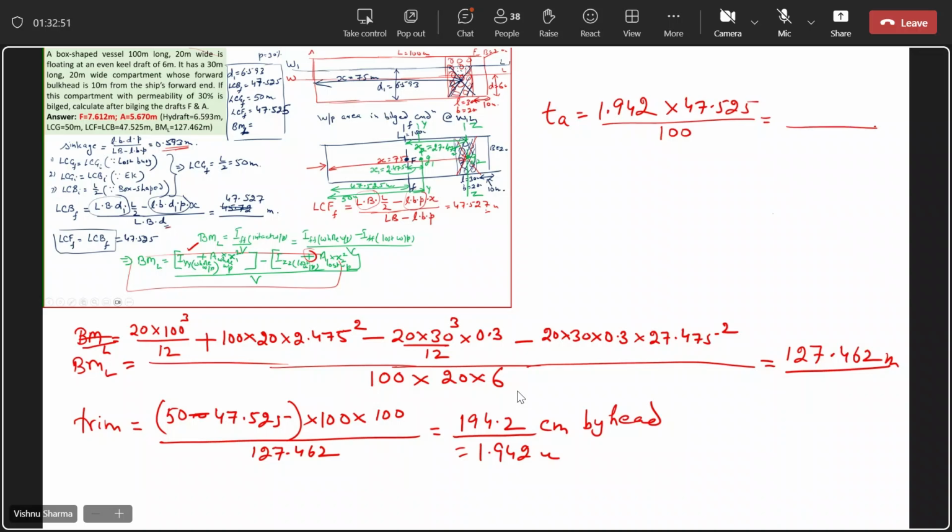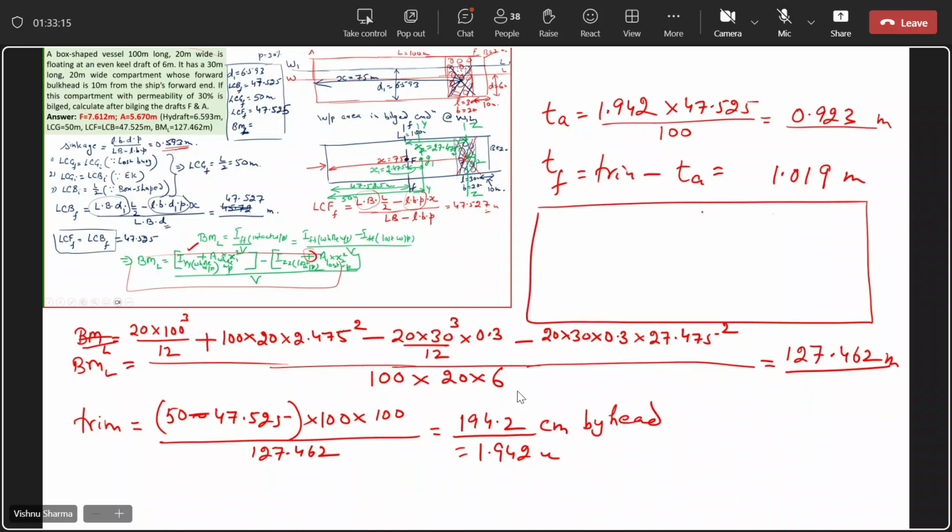How many meters is that TA, guys? 0.923. And we get the TF, total trim minus TA. So this will be 1.019 meters. Now we are good to get our answer.